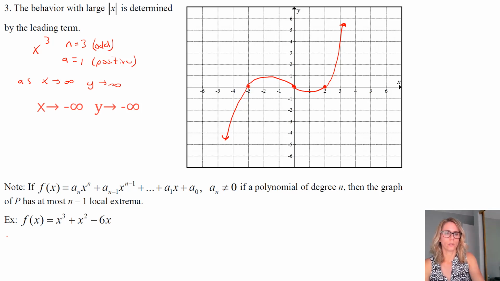Okay, now you'll have a little factoid here, which is if you have a polynomial of some degree, and that degree is n, then you will have at most n minus 1 local extrema. Now, if you're like, what is that? That is just maximums or minimums.